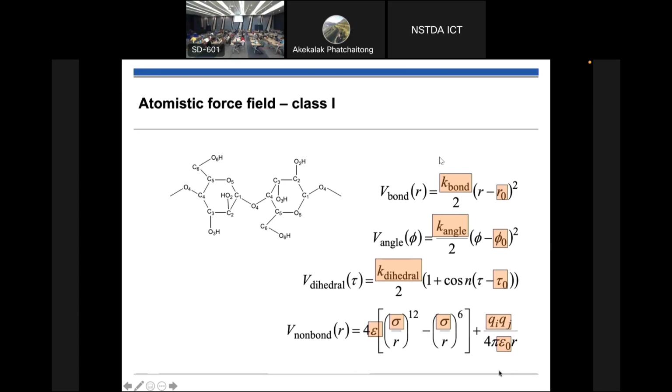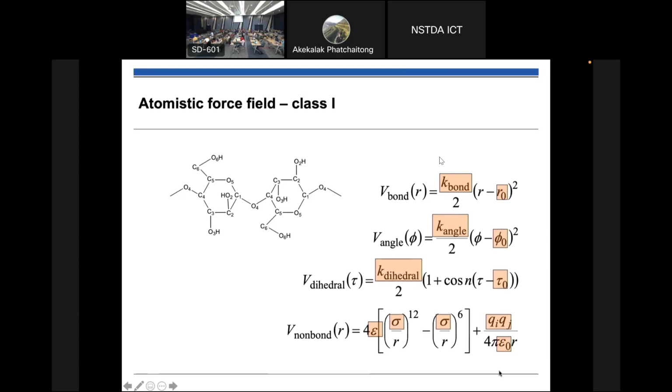The two unknowns are K bond, which is the bond constant or the force constant in the case of a spring, and R0, the equilibrium bond distance, or the equilibrium distance of a spring. So this is your equation, and you need to know these two terms for each of the bonds in this molecule if you want to generate a force field.